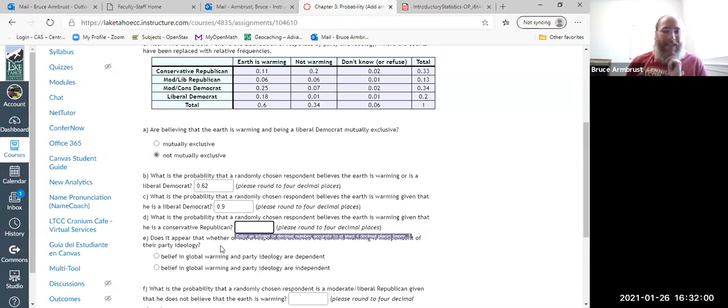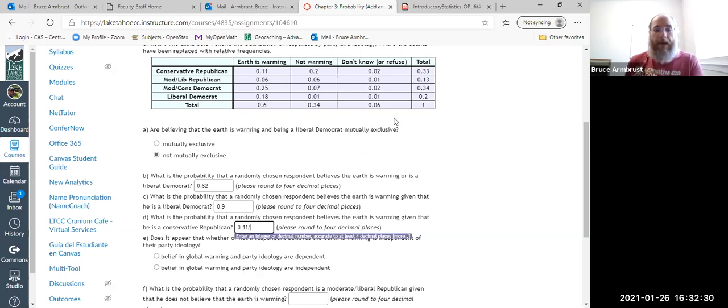All right, so let's look at D. What's the probability that a randomly chosen respondent believes the earth is warming given that he's a conservative Republican? Well, this is very much like part C, except now we're going to be in just the conservative Republican row. I don't care about the rest of it. So I'm going to do the same thing that I did before, which is look at how many of those believe the earth is warming. Well, that was 0.11.